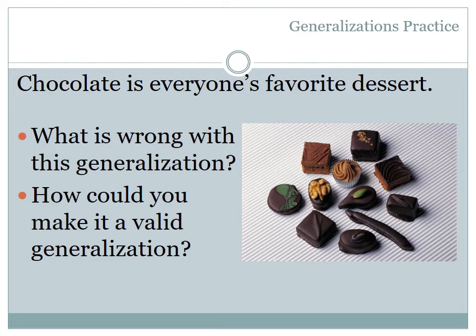We can substitute someone or not everyone. So, chocolate is not everyone's favorite dessert, or chocolate is someone's favorite dessert. That is how we make it a valid generalization.